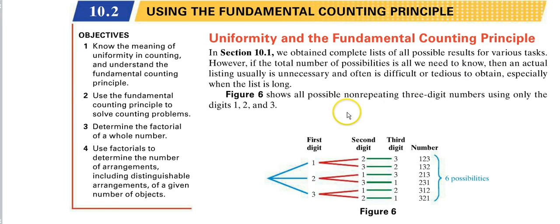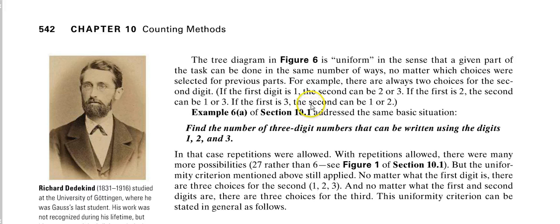So, if we're looking at show all the possible non-repeating 3-digit numbers using only the digits 1, 2, and 3, then a tree diagram, as you list them here, indicates if they're not repeating the possibilities, there's only 6. Now, it is significant that we think of what we skipped over in section 1 to what we see here.